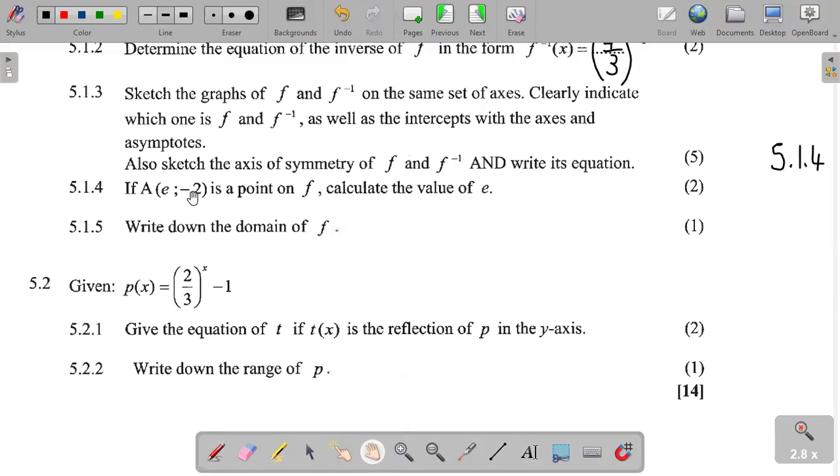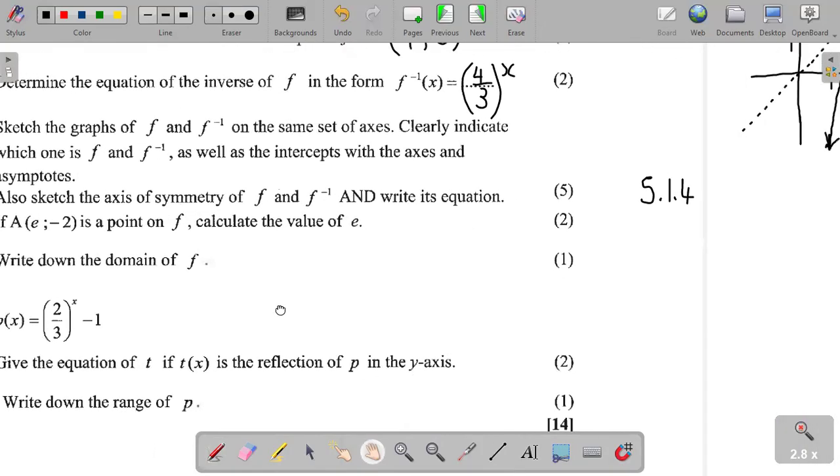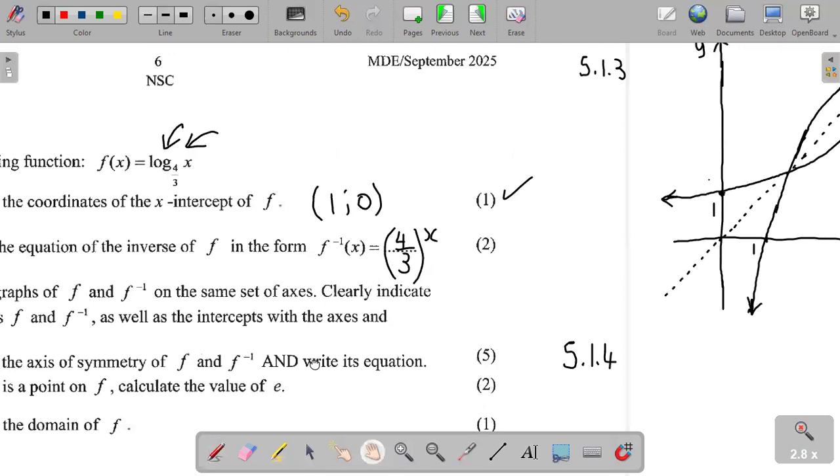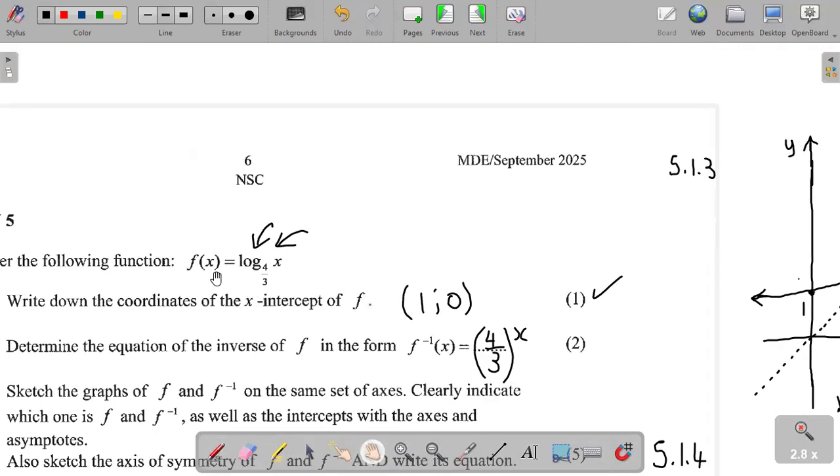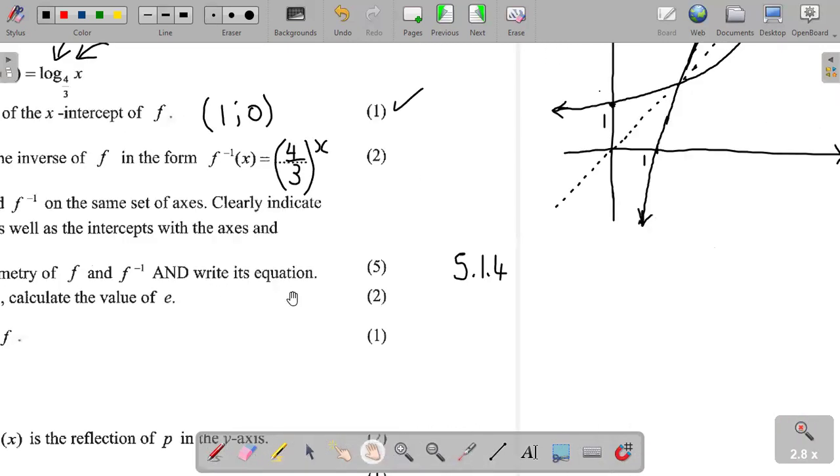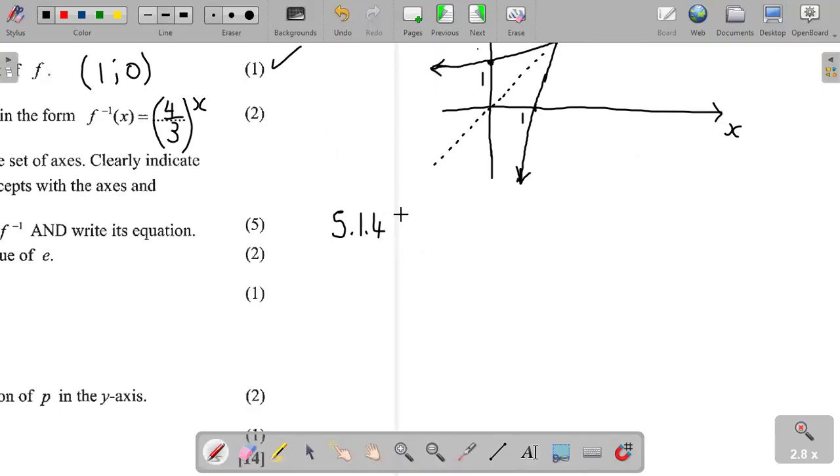So we know that f of x that we're given is y equals log base 4/3 of x. So then we have to say -2 equals log base 4/3 of x.